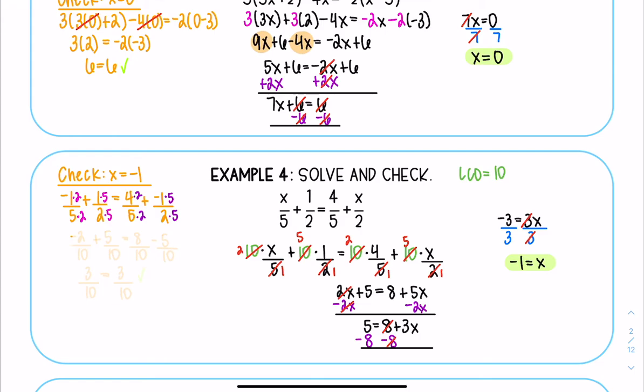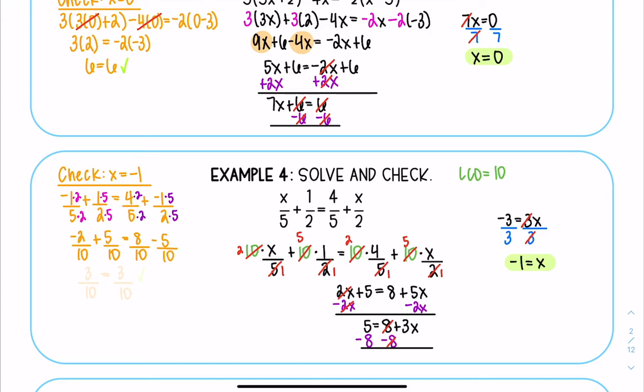So we end up getting negative 2 over 10 plus 5 over 10 equals 8 over 10 minus 5 over 10.